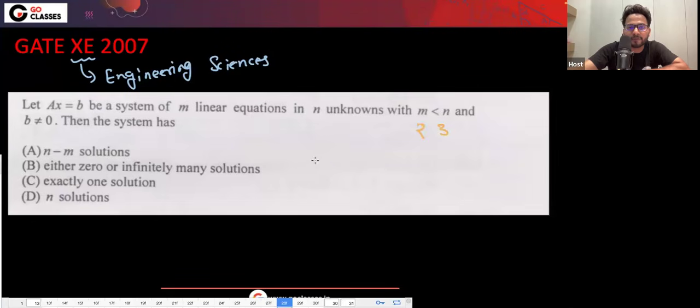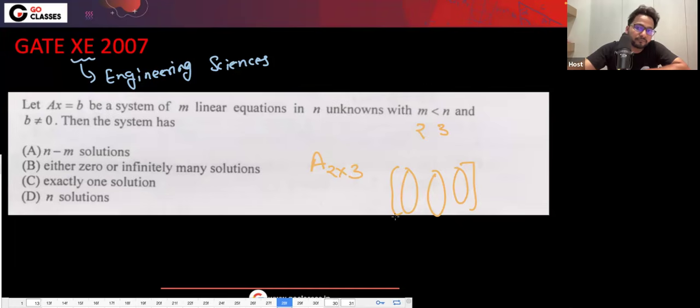Which means you have 2 equations and 3 unknowns, which means A is a 2 by 3 matrix, 2 rows and 3 columns: first column, second column, and third column. Now the system has n minus m solutions, either 0 or infinitely many solutions.